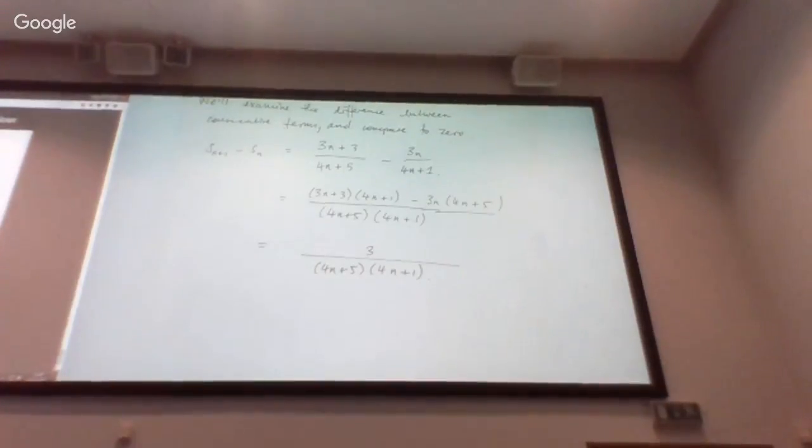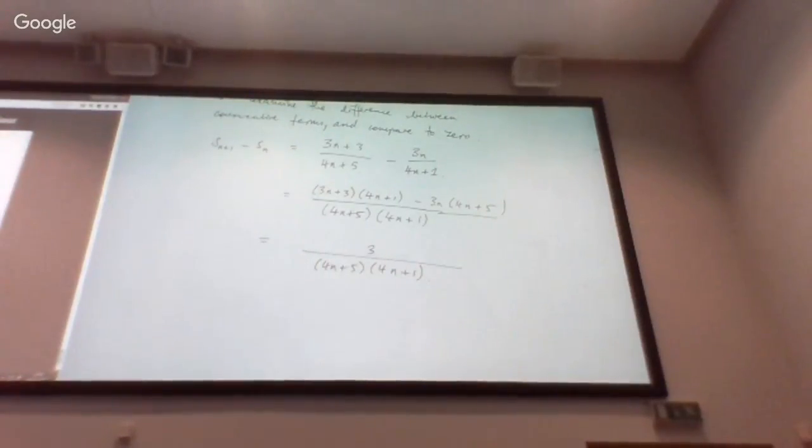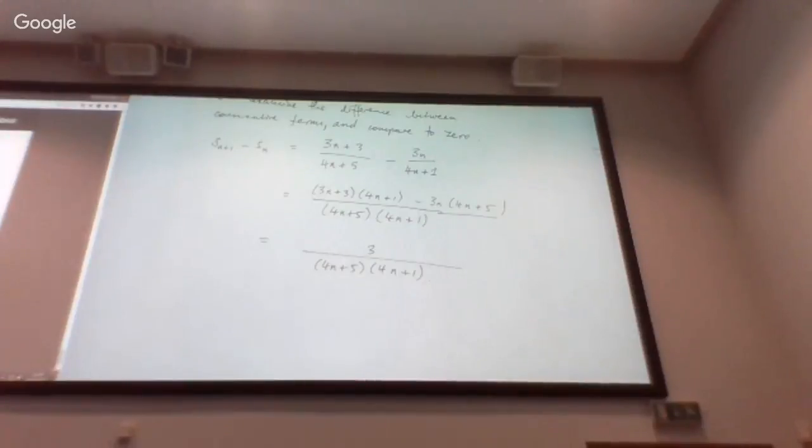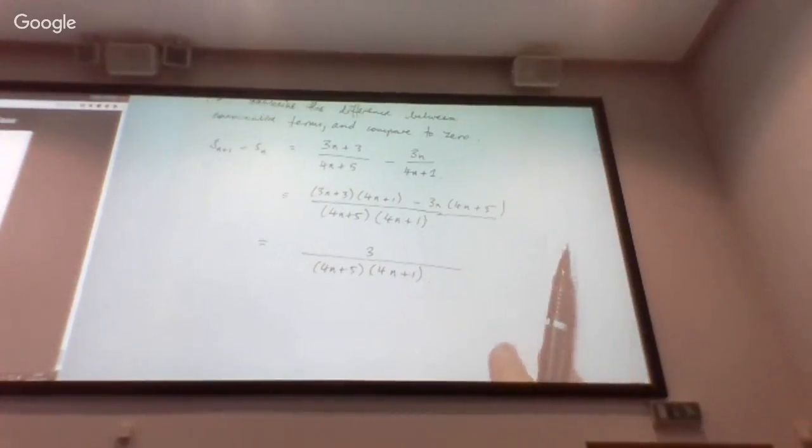You get big or small depending on the actual magnitude of the thing you're dividing by. But if you divide 3 by a negative number, you get a negative result. I don't care about the big or small, I just care about which side of 0 it is. So is this denominator positive or negative?